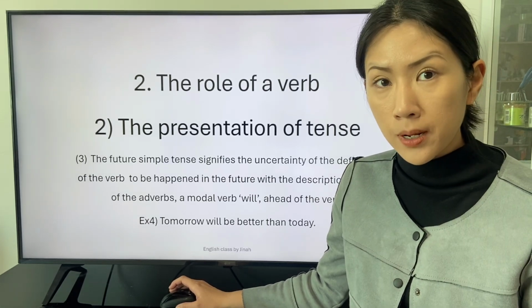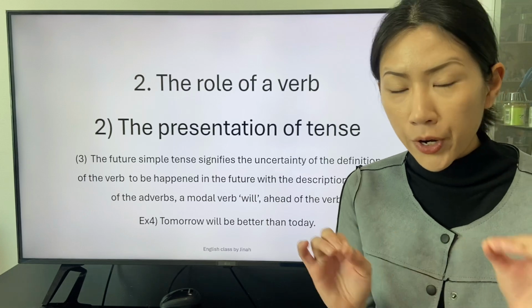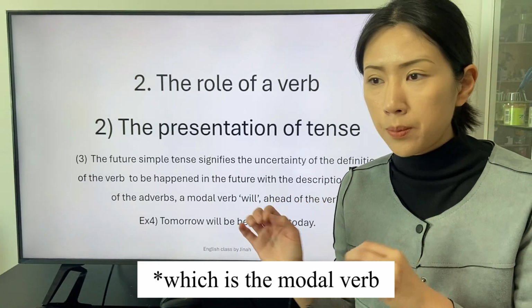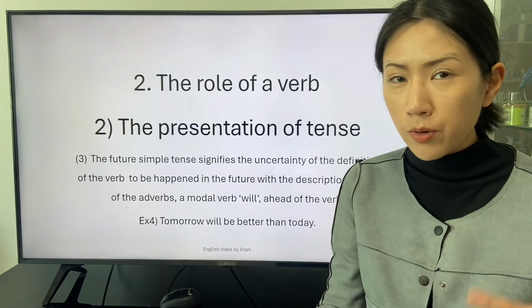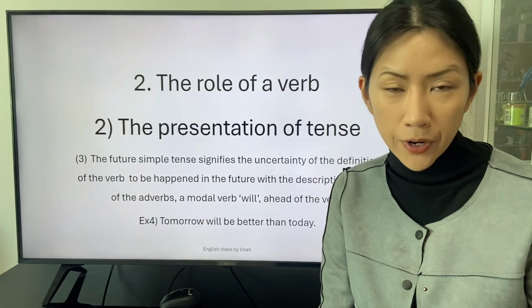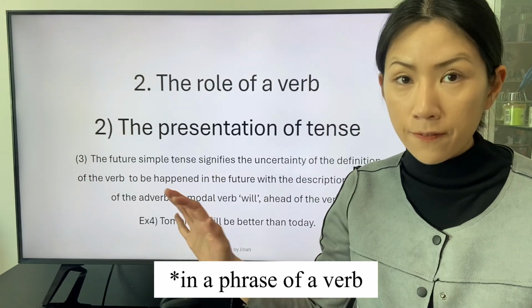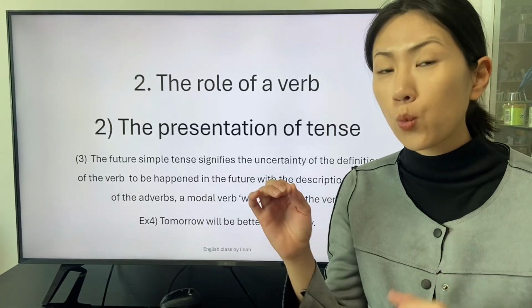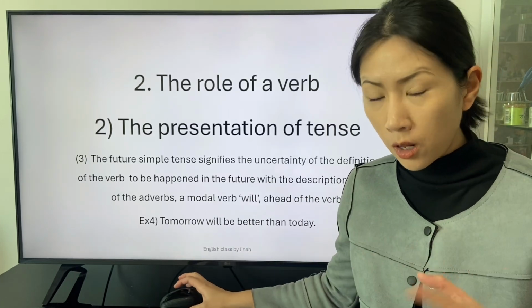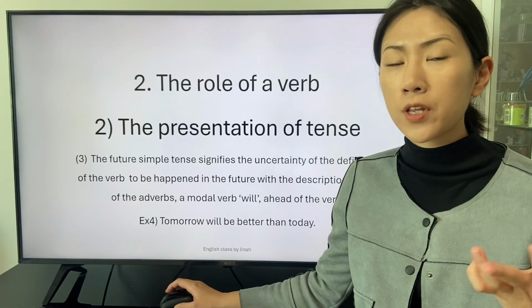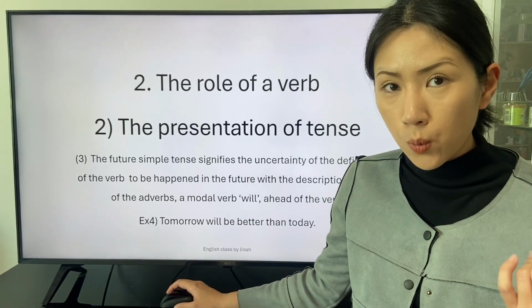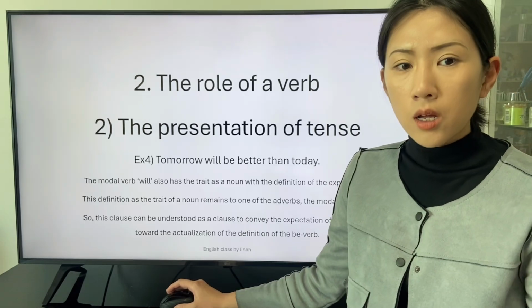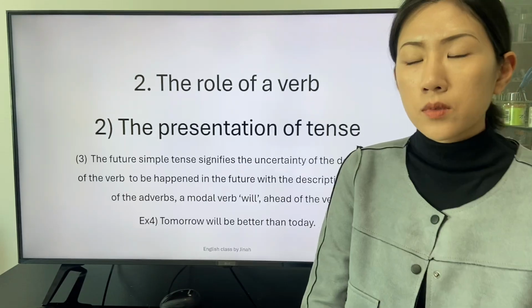One of the adverbs, a modal verb, describes the verb in a phrase of a verb, in a clause. One of the modal verbs, will, also has the trait of the noun, which means expectation.